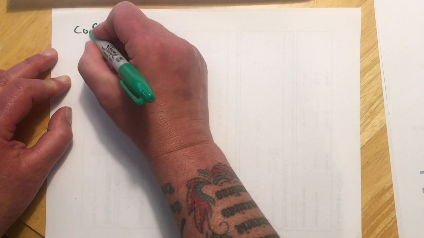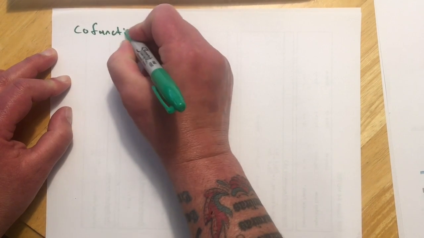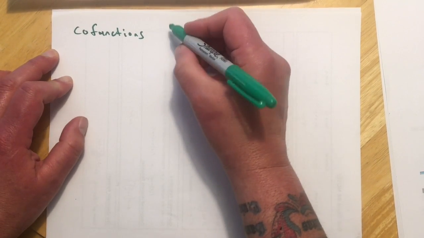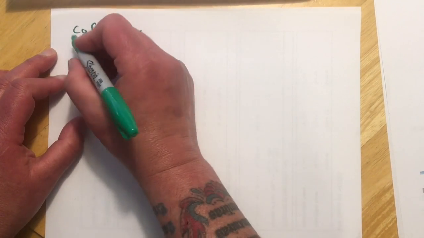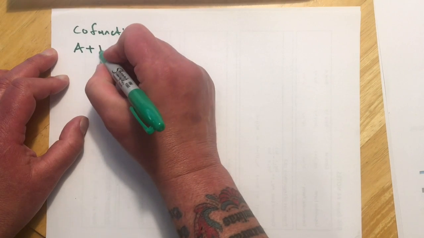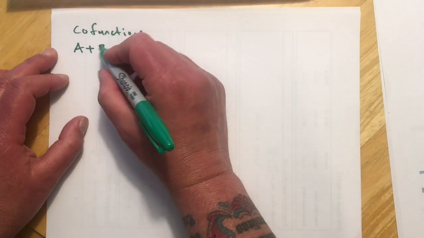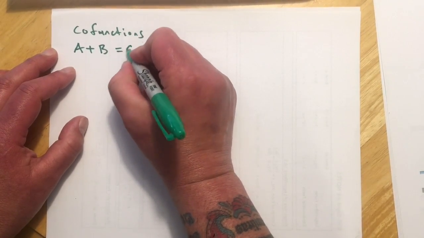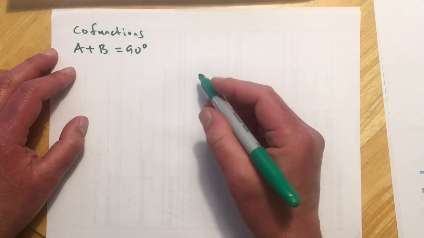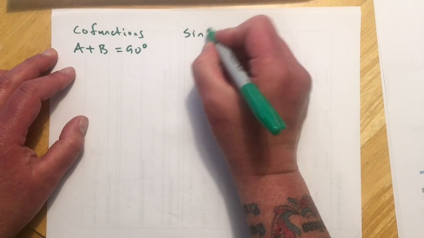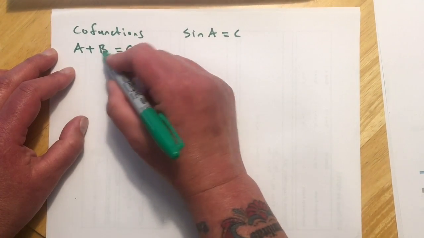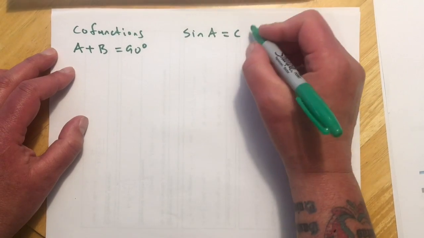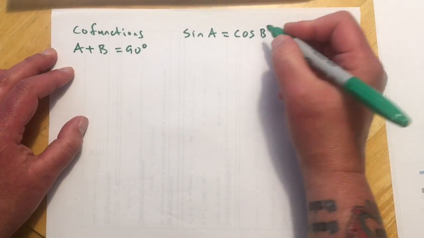Okay, and then the last bit is something called cofunctions. And the properties for that are two functions are going to be cofunctions where a plus b equals 90 degrees. So if I have sine of a, it's the same thing as cosine of the other part of the angle to bring it up to 90, cosine of b.